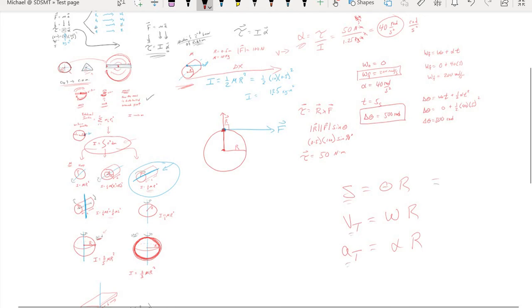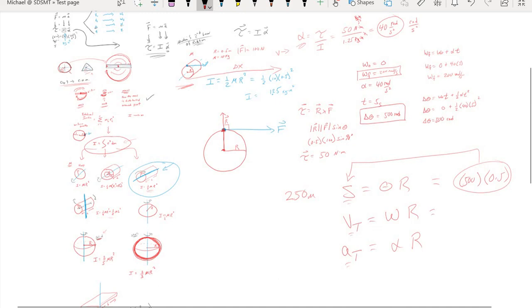We know that our cylinder of half a meter is going to roll 500 radians angular displacement. As such, that's going to work out to be 250 meters in linear displacement.